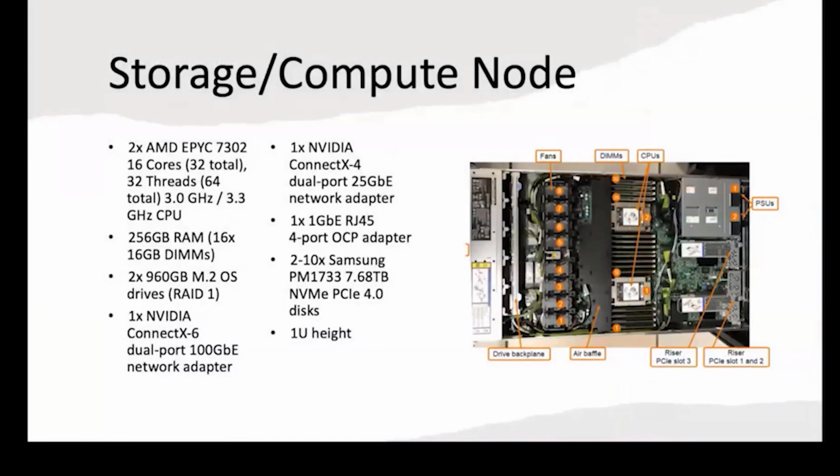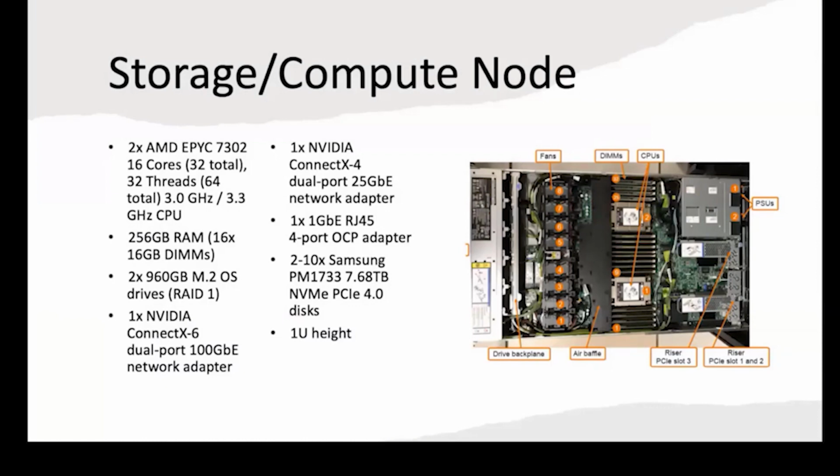The storage/compute node is a 2-socket server with 2 AMD EPYC 7302 processors. These are 16-core processors, 32 threads each. Because there are 2 of them, the servers have a total of 32 physical cores and 64 threads. In the base compute node, there is a 25 gigabit network adapter card.